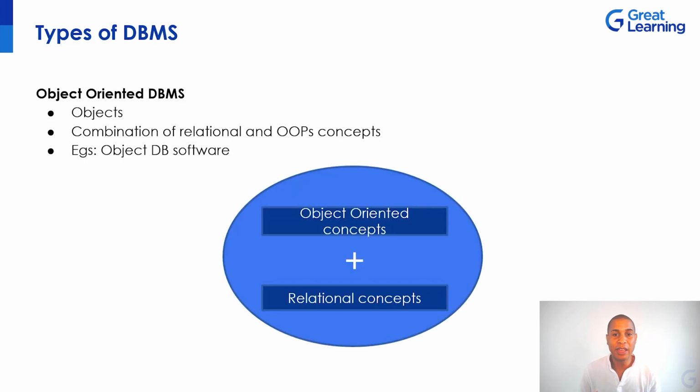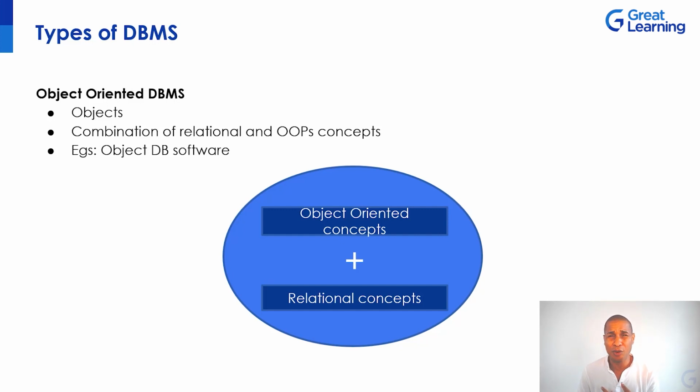The next one we're looking at is the object-oriented database management system. This is usually used when we start talking about security and concurrency, so you might hear a lot about this when you're doing your reading. An object-oriented database management system relies on two different types of formats.